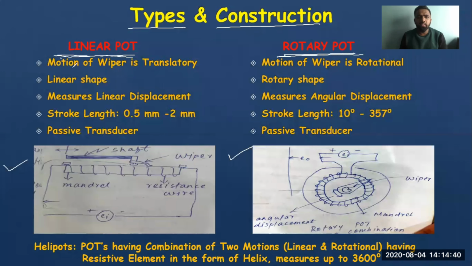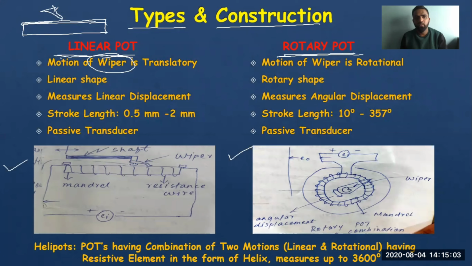Now, in linear pot, there is something called a wiper. What is the wiper? The wiper moves across the resistive wire. Suppose this is my mandrel. A mandrel is something on which I am mounting my wire, and suppose this is my wire. Now the wire is supported by the mandrel, and the wiper moves on the wire.